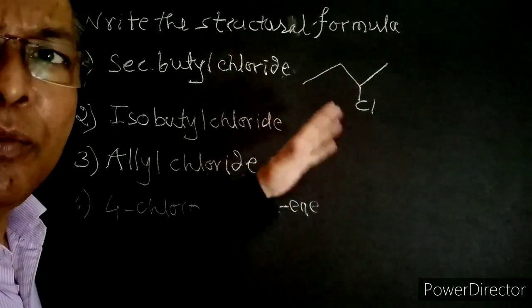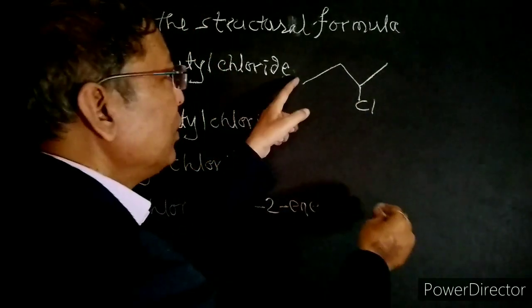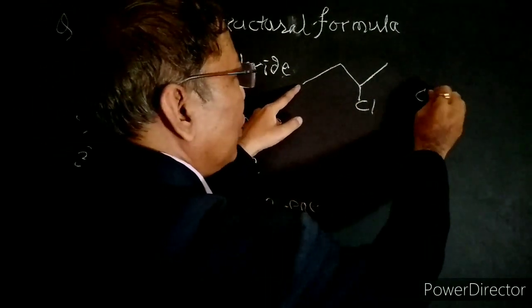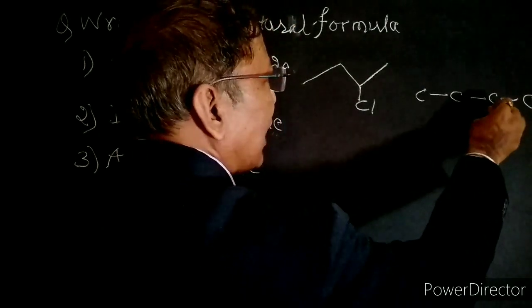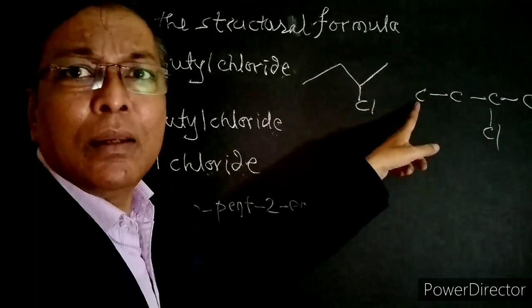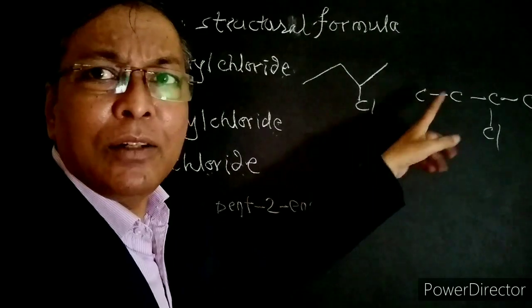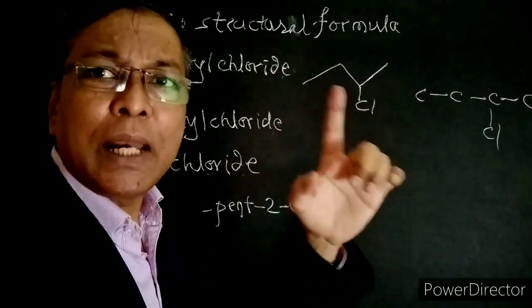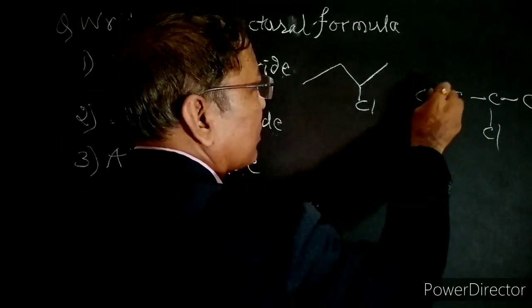If we want to write the expanded full form of this structure, how can we do it? Butyl means 4 carbons, and we show them like this, and on the second carbon atom there is chlorine. Here this carbon has only one bond, and from 4 we subtract 1, 3 remains, so we give 3 hydrogens.